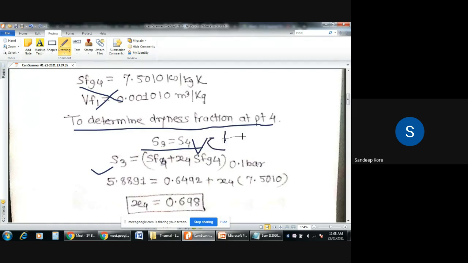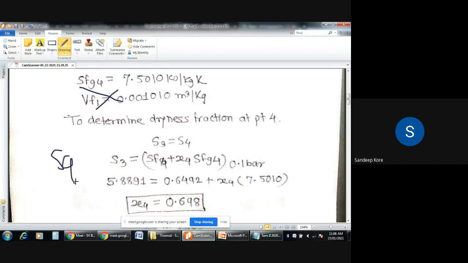The entropy of wet steam formula is SF plus X into SFG. Since it is state point 4, we write SF4 plus X4 into SFG4. At point 4, what is the pressure? It is the condenser pressure, 0.1. We have already noted these values from the steam table. So S3 is nothing but SG at 60 bar.